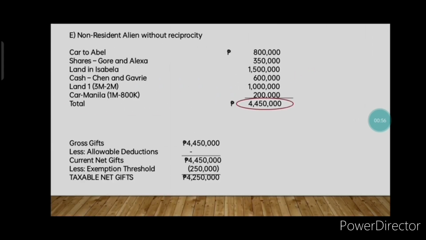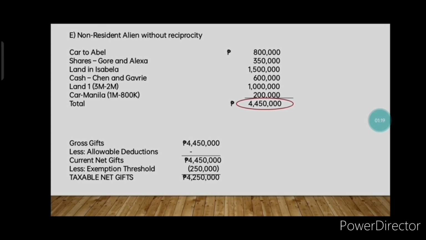Next, we have a non-resident alien without reciprocity, meaning they have no exclusions in the amount. So we have here the car to Abel of 800,000, shares from Gore and Alexa of 350,000. These are intangible properties of Gore and Alexa.